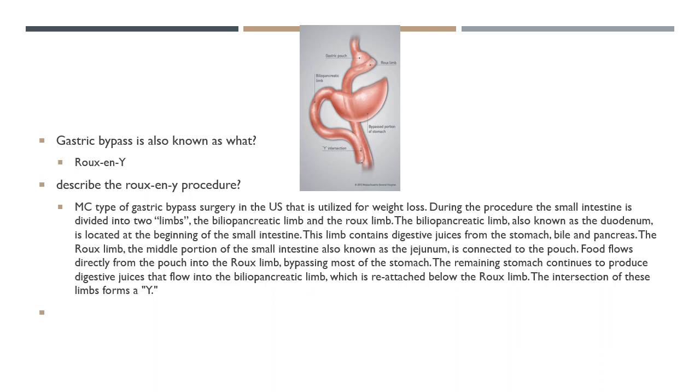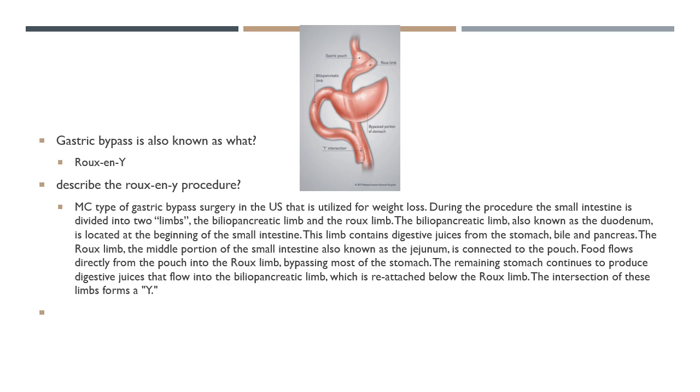Now the rest of that stomach that was cut off from that gastric pouch is still going to remain in there. This is going to form the biliopancreatic limb. So basically the remainder of the stomach, which is not connected to the esophagus at this point, is going to connect to the duodenum and the pancreas as normal, and then it's going to intersect at that Y intersection. That's why it's called the Roux-en-Y.